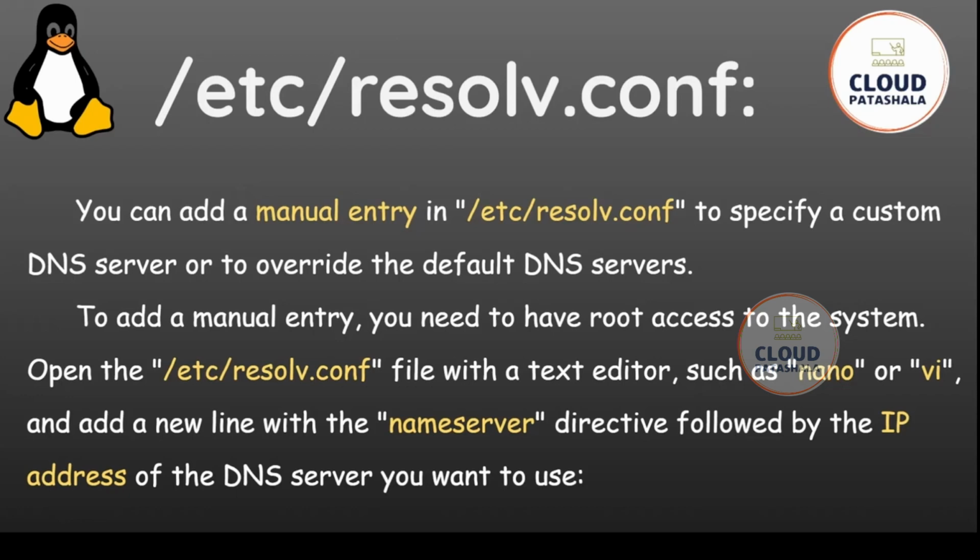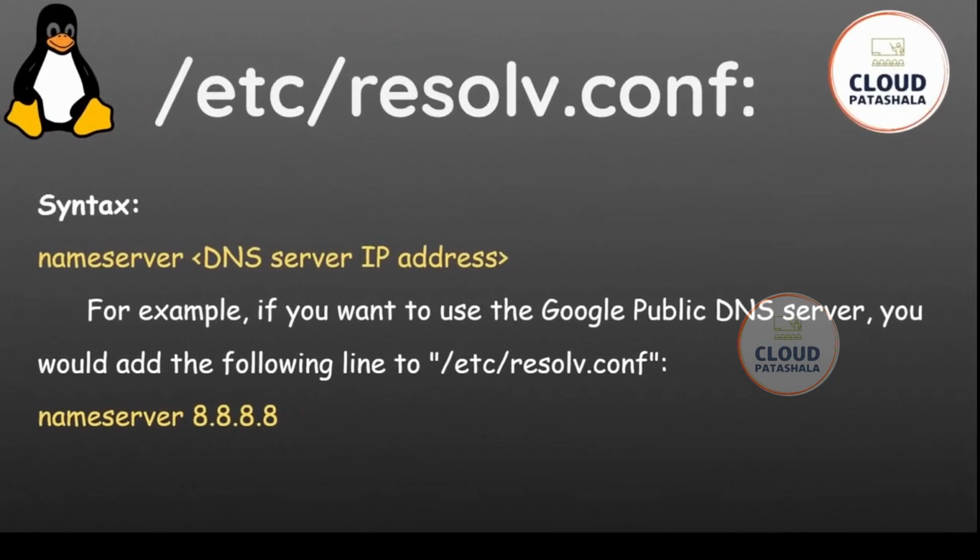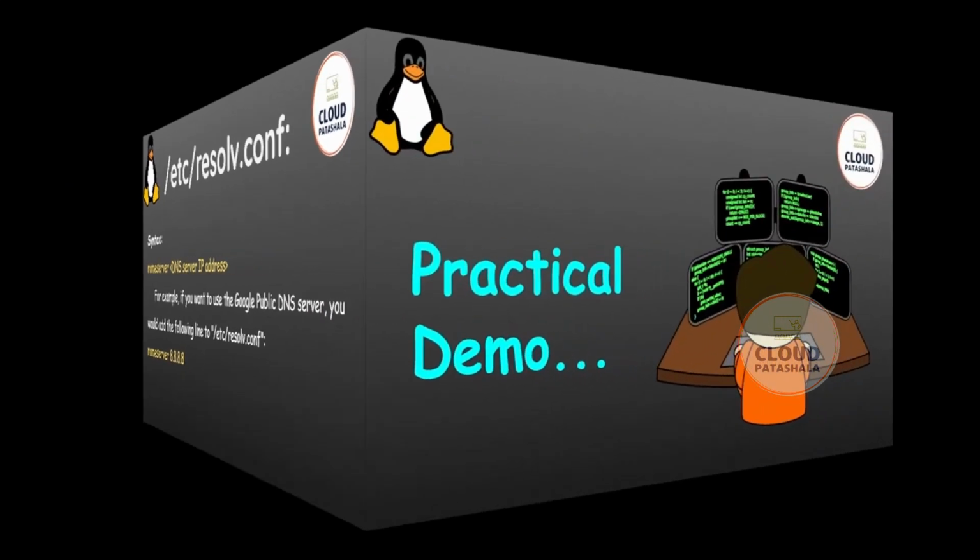You need to open the /etc/resolv.conf file with a text editor such as nano or vi and add a new line with the nameserver directive followed by the IP address of the DNS server you want to use. The syntax is similar to what we already saw in the example earlier, which would be nameserver and the IP address of the DNS server.